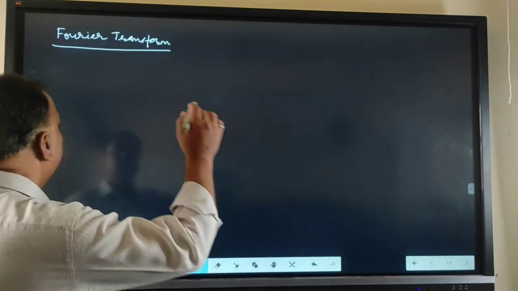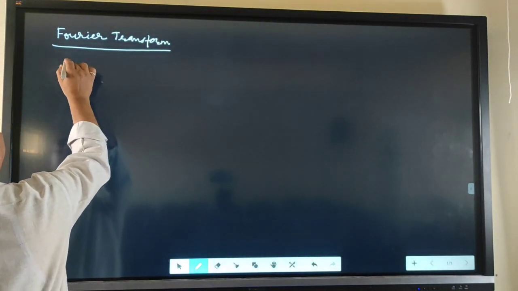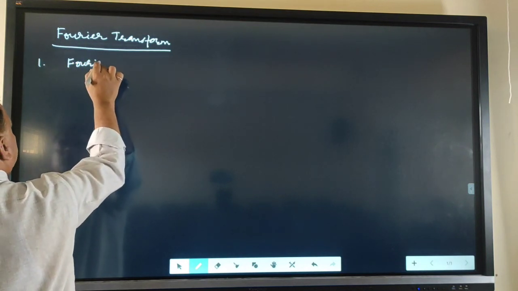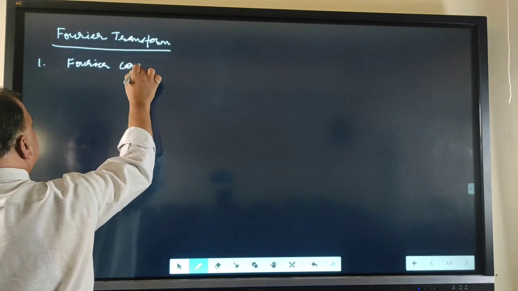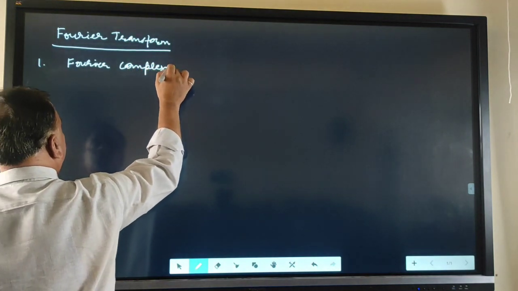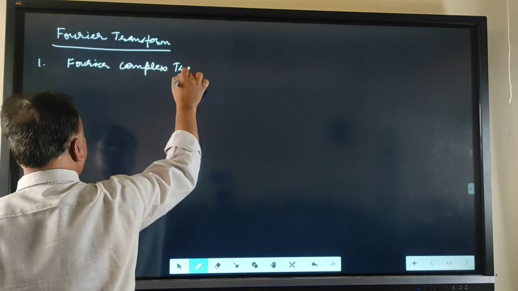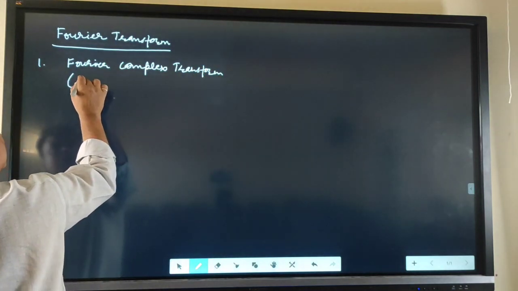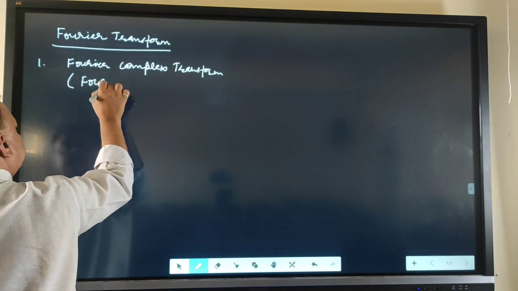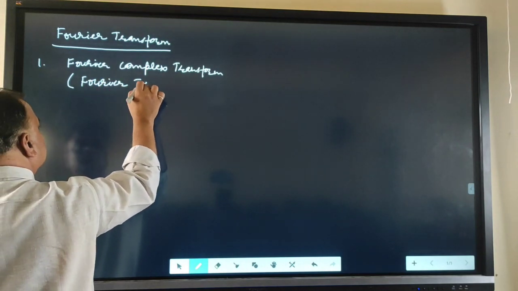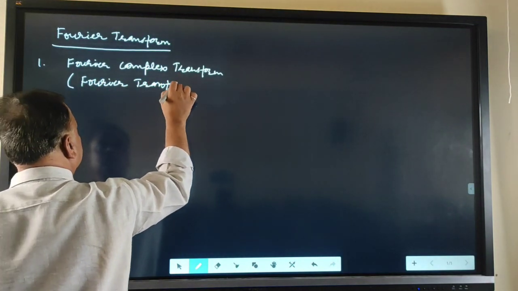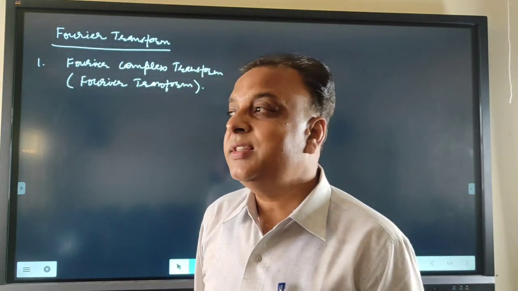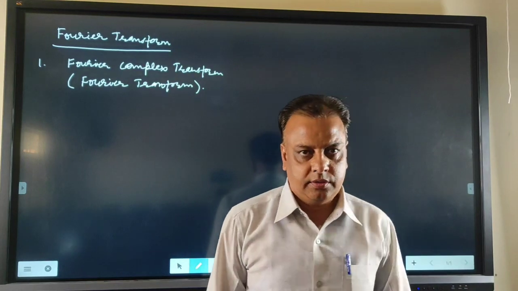So first we take the Fourier complex transform, which is also known as the Fourier transform. What is the definition of the Fourier transformation?